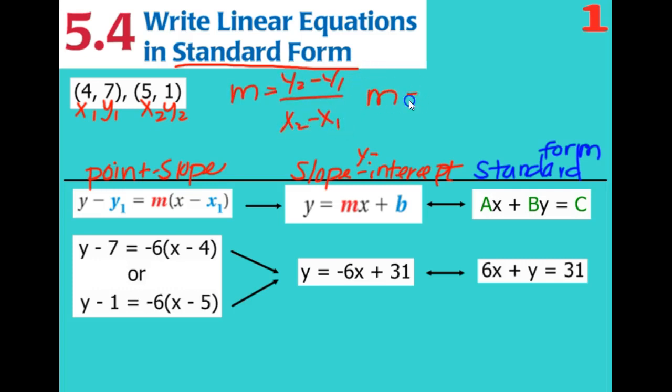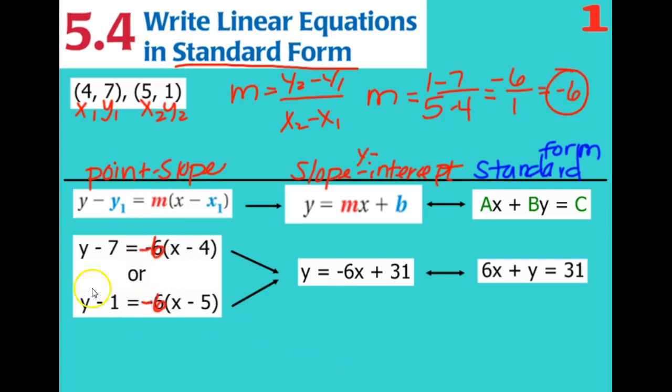So our slope would be y2 minus y1, or 1 minus 7, and then x2 minus x1, or 5 minus 4. That will give us negative 6 on the top, and 5 minus 4 is 1, or just negative 6, which is exactly what our slope is.